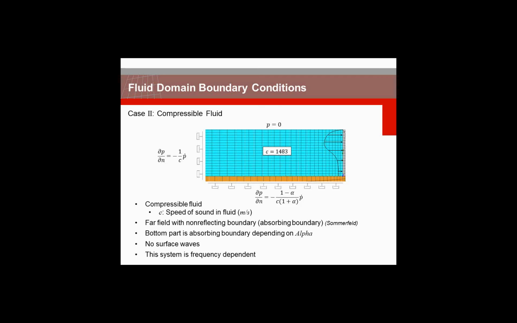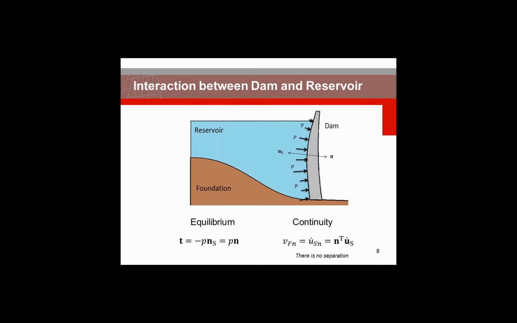So these more elaborated boundary definitions are subject to considering that the water is compressible, as you can see. This system is called a frequency-dependent system, and we will see that it's not only mass addition, but there is another component that we are going to check.